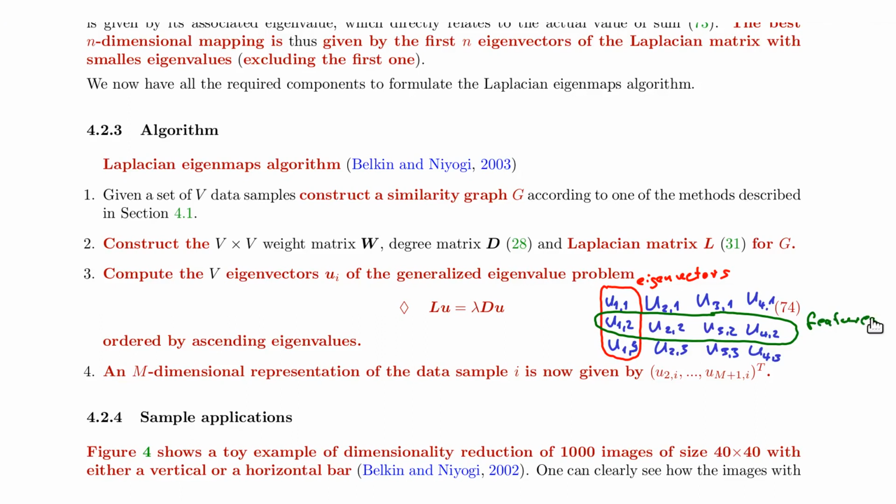The columns are the eigenvectors, and the rows are the features that you would actually create. The index of the rows would be the nodes. So this would be first node, second node, third node, while this is the first solution, second solution, third solution.